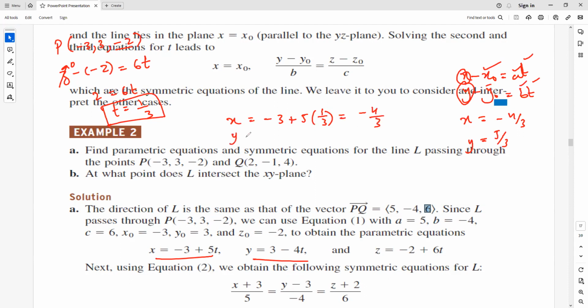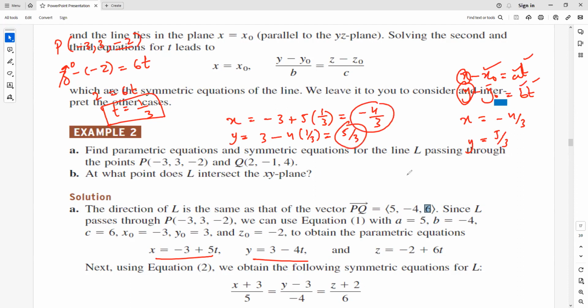We will get -4/3, and y equals 3 minus 4t, so 3 minus 4 times 1/3. Sorry, T is 1/3, so this equals 9 minus 4 over 3, that is 5/3.